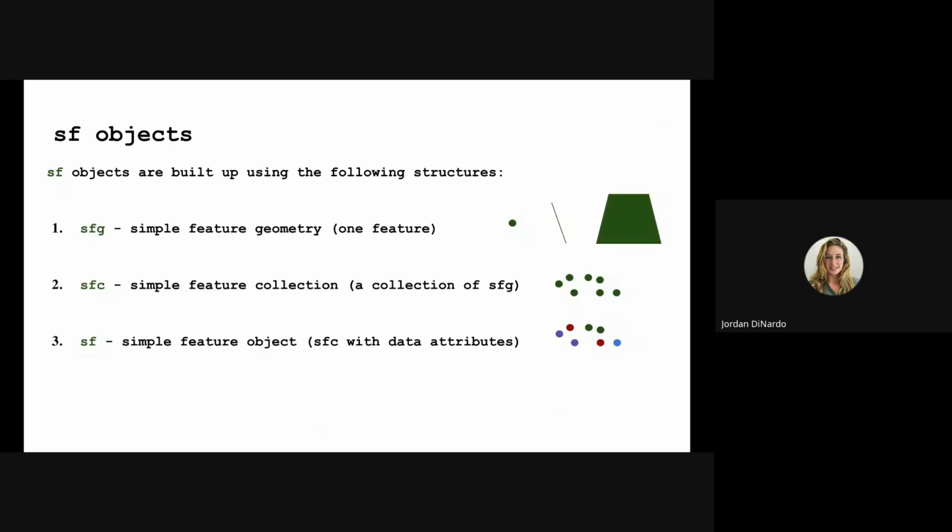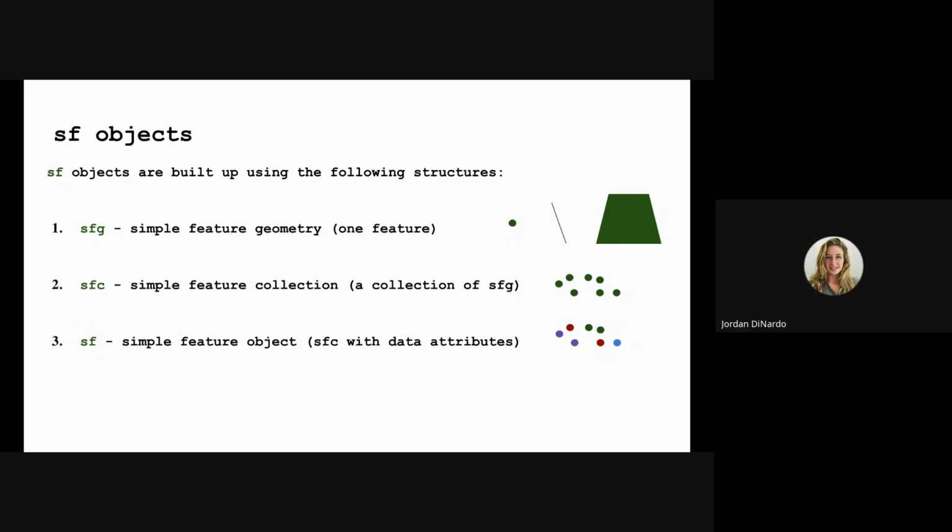So again, a bit of basics here, but sf objects are built using the following structures, and they build on top of each other. An sfg object is just one of those simple geometries. It's one feature. It has one point or one line or one polygon. An sfc object, the second point here, is a collection of sfg objects.